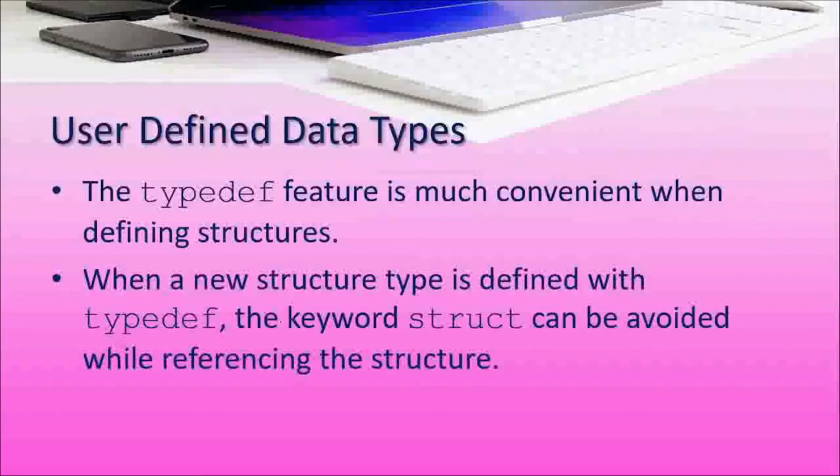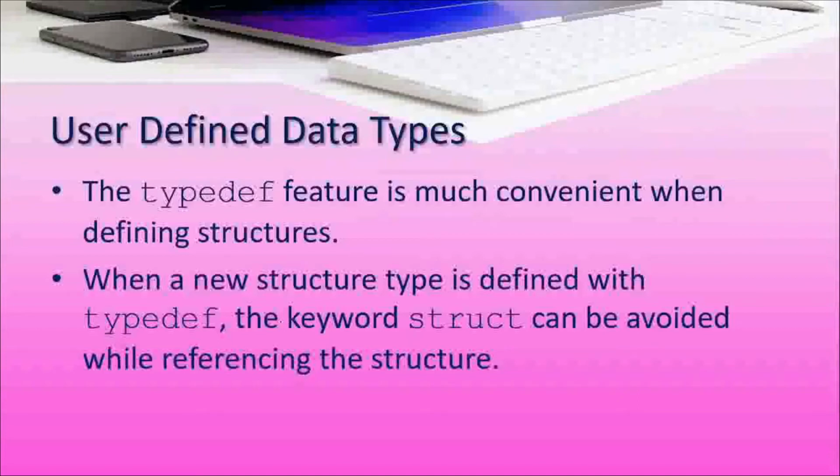That is, when a new structure type is defined with a typedef, the keyword struct can be avoided while referencing that particular structure. So whenever you are creating new variables of that particular structure type, you can avoid using the keyword struct. We have already mentioned this in the previous class, but we are elaborating on it.